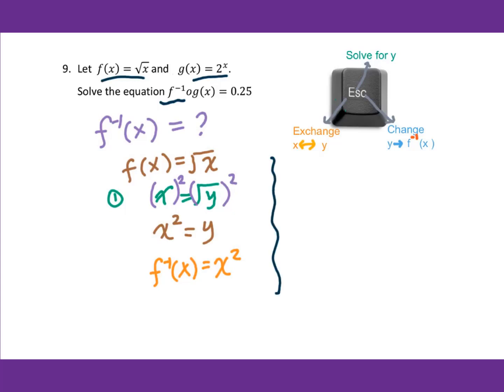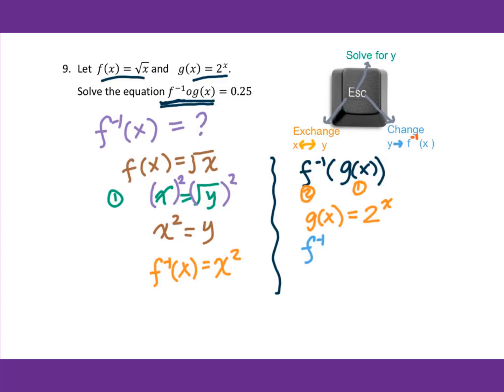Next step, you have to figure out the composite function first. We know inverse of f of g of x. You do the inside first, then the outside. We know g of x equals 2 to the x power. Then I need to work on inverse f of something. This one goes down here because this is a composite function, so 2 to the x power.